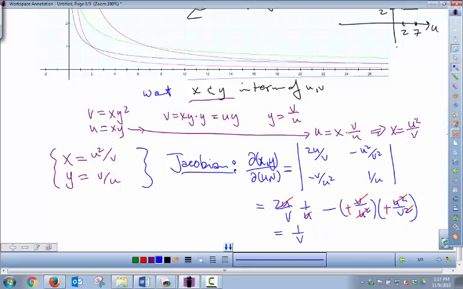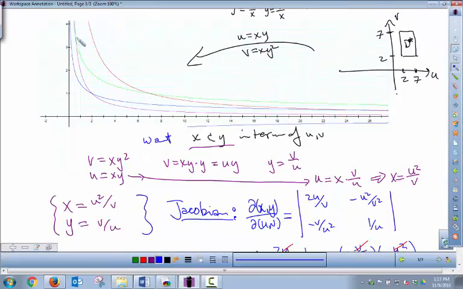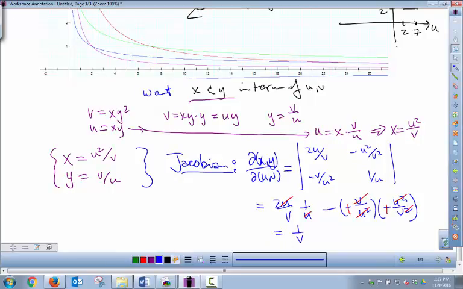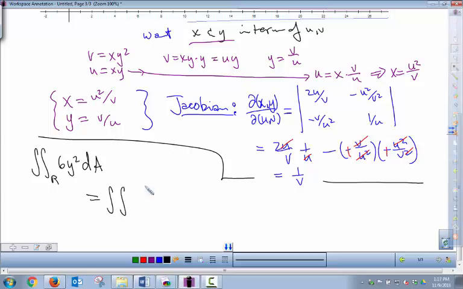Let's take a look at our integral again. Our integral is the integral of 6y squared dA over that region that was hard to identify. So, integral over a region of 6y squared dA. Now, given what we have, we're going to integrate this with du and dv.